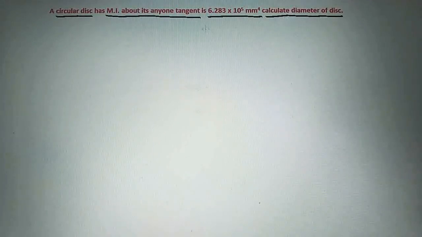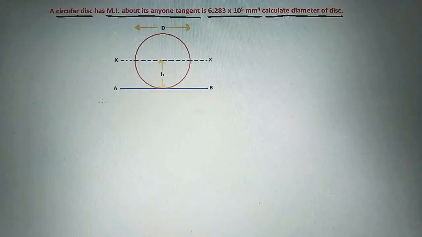So first of all we will draw the diagram. See this diagram here. In this diagram, this is a circular disc having diameter capital D, and this diameter we have to calculate.